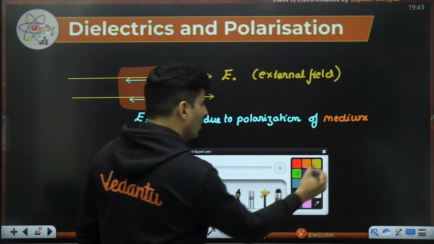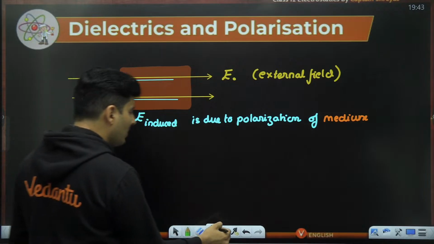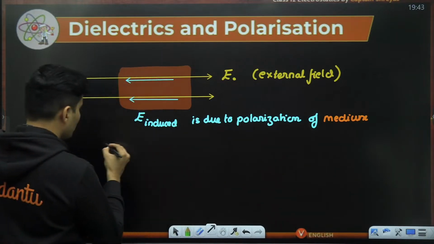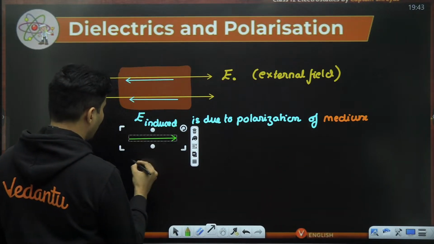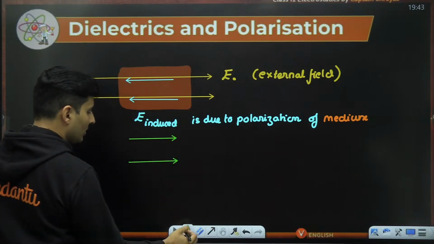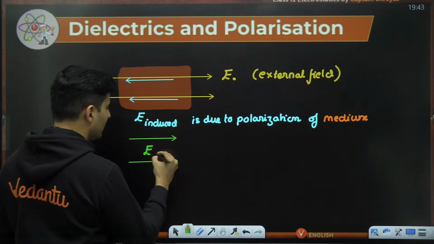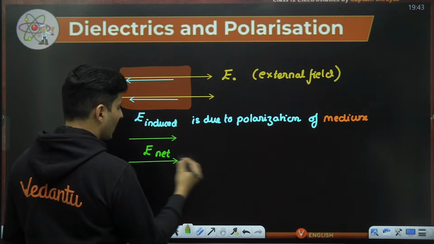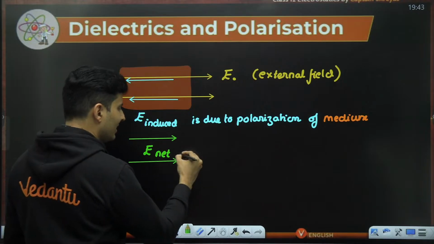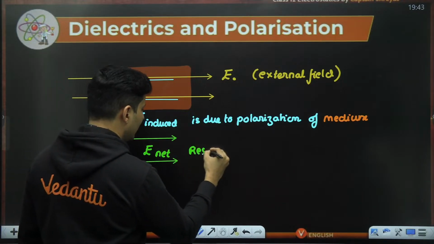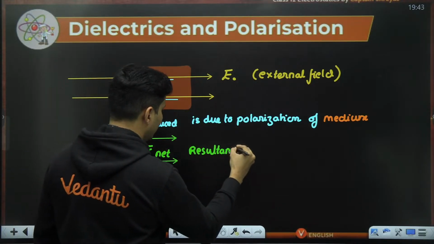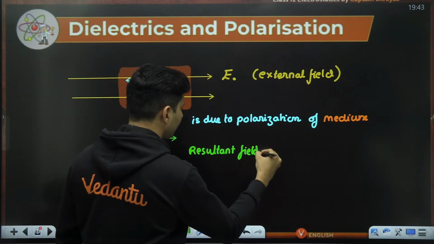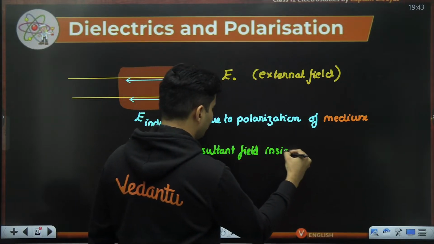There will be only some remaining field inside. So maybe it is not as strong as before. So this is what is remaining. This is your net electric field, which is your resultant field inside the medium.